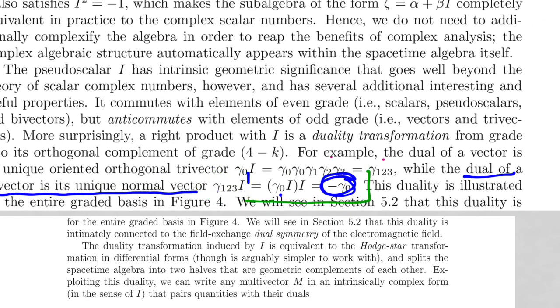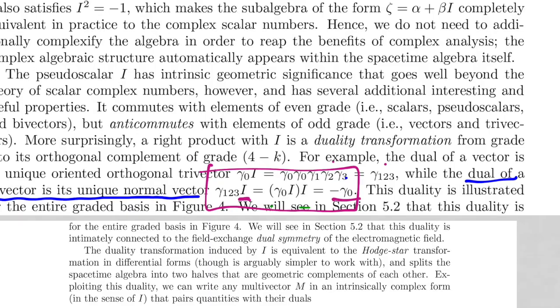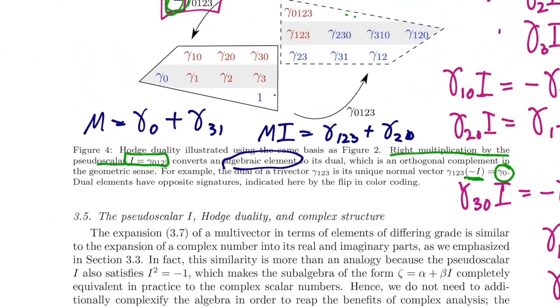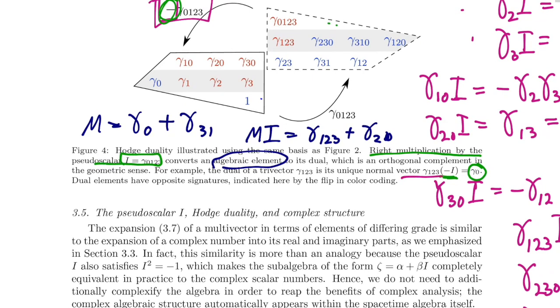Right down here, and I'll erase my own writing so you can see it. They made it really clear that the dual of gamma 1, 2, 3, which is the right multiplication by I, is minus gamma 0, which is what I would have calculated. So I'm not going to pretend to understand exactly what they're getting at here. Dual elements have opposite signatures indicated here by a flip in color coding. So we'll talk about signatures in a moment.